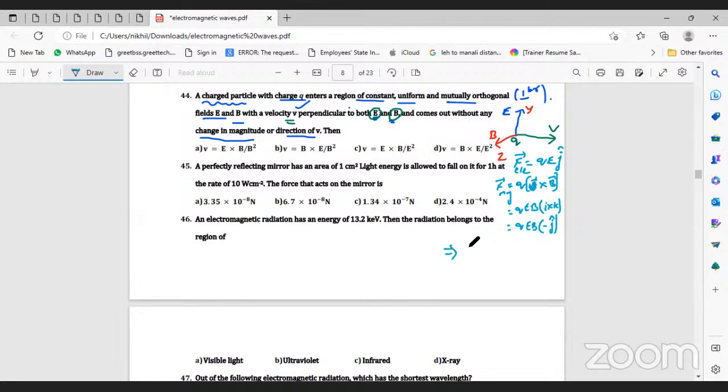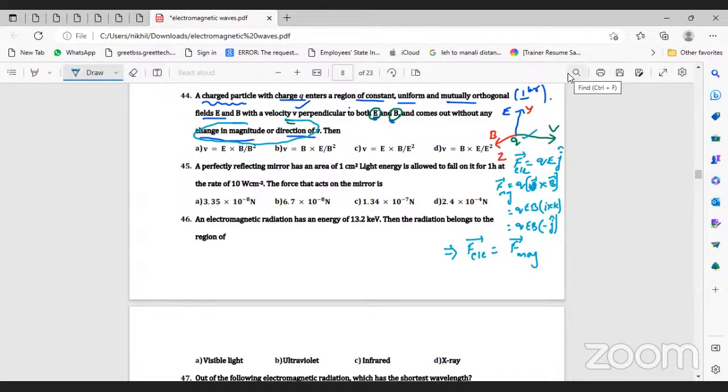So this clearly tells the force due to electric and the force due to magnetic are equal. Why should this be equal? Because they are telling that the charged particle is coming out without any change in magnitude and direction.